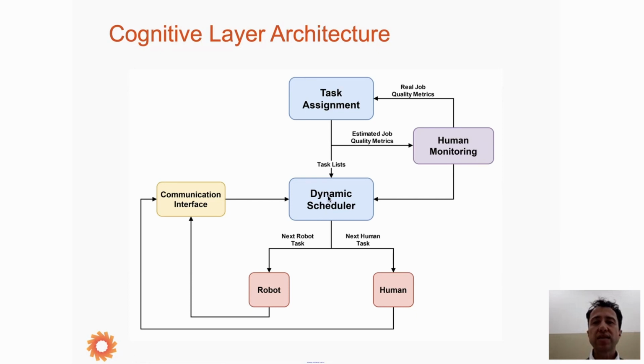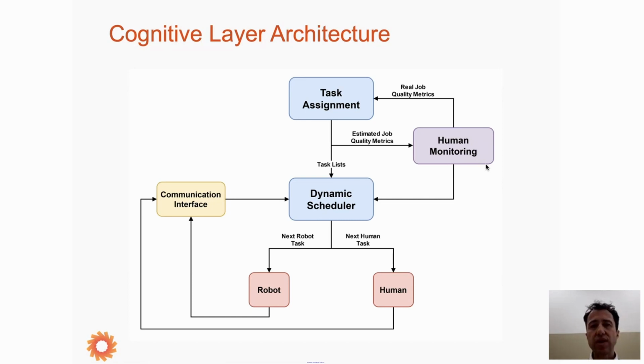The dynamic scheduler takes as an input the real monitoring of the human. Through a sensing system, it's possible to evaluate online, through an algorithm we have exploited and integrated in the ROSSINI cognitive layer, how much time the human is really taking for executing the task.